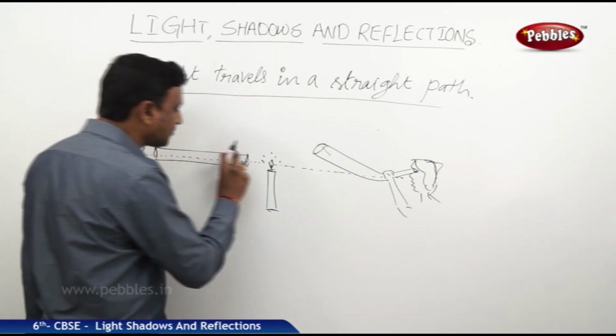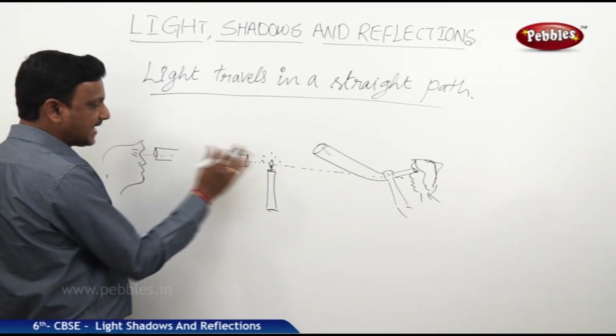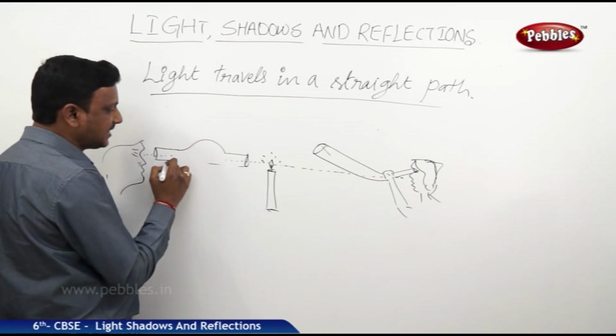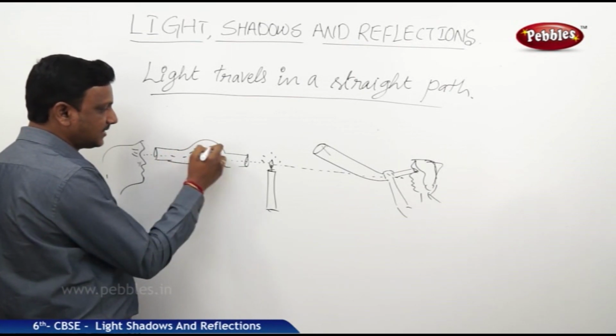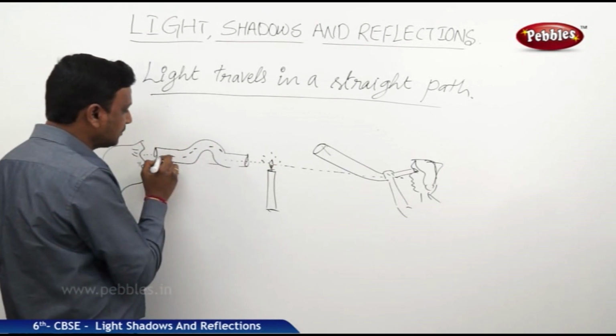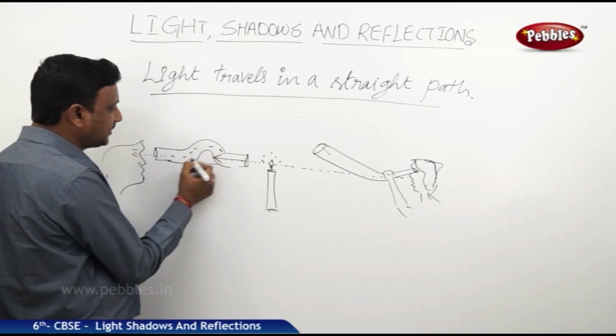The pipe is straight, it's not bending. Even though the position of eye and candle are in the same plane, they are exactly opposite to each other. If the pipe is in this shape, can he see that? The light cannot travel like this. The light always travels in a straight line. So the light travels till here, it gets reflected like this. That's all. It cannot go this way.